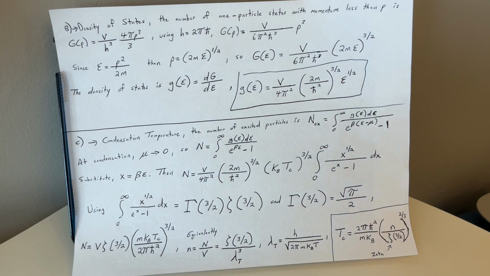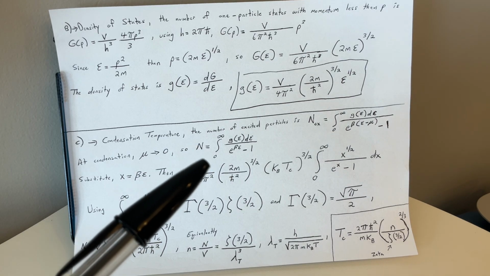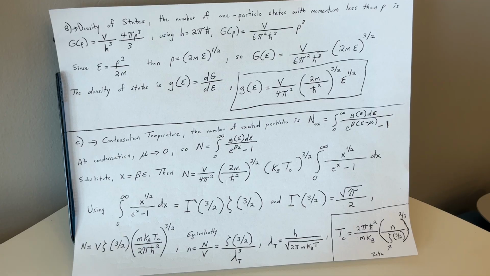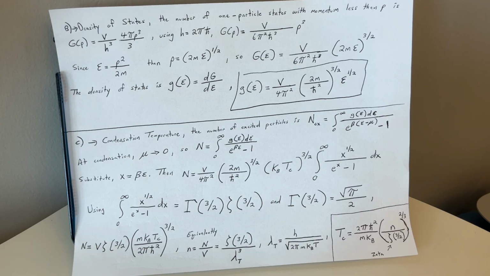So at condensation, mu approaches 0, so n equals the integral from 0 to infinity of g of epsilon d epsilon over e to the beta epsilon minus 1. Substituting x equals beta epsilon, then n equals V over 4 pi squared times 2m over h bar squared raised to the 3/2 times k sub B T sub C raised to the 3/2, and then times the integral from 0 to infinity of x to the 1/2 over e to the x minus 1 dx.